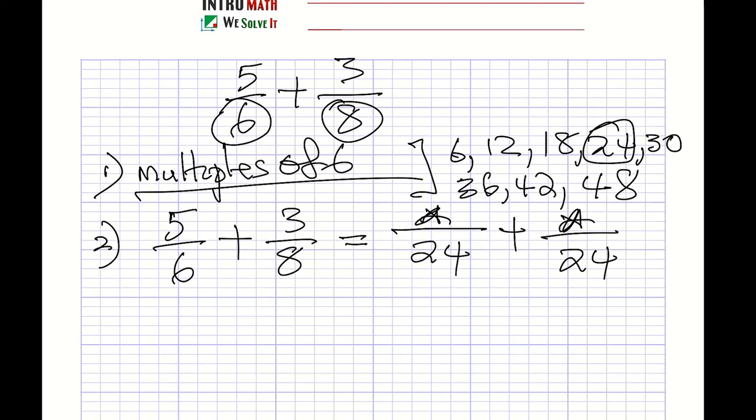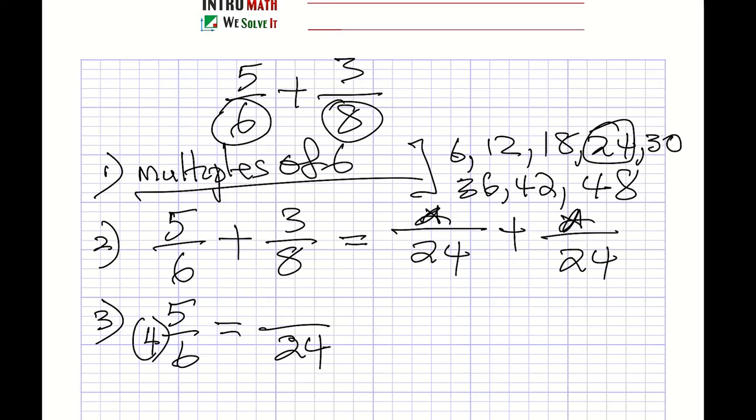Well, the way you proceed is you ask yourself, what can I multiply 6 by to get 24? You write it like this. This is step 3 now. 5 over 6 equals what over 24? You ask yourself, what can I multiply 6 by to get 24 down there? If you look carefully, you see it is 4.